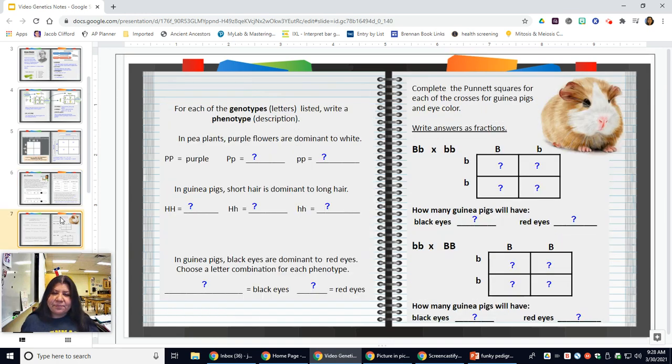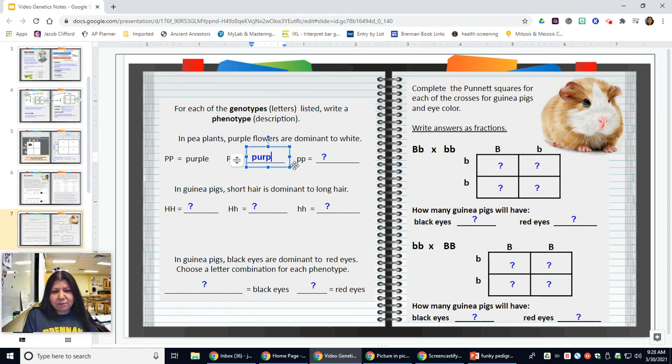All right, our next one we're going to practice Punnett squares. Right here, we have some phenotypes, purple flowers and white flowers. Purple flowers are dominant to white, so we know if we have big P, that's purple. Big P, little p is also purple. And little p is white.